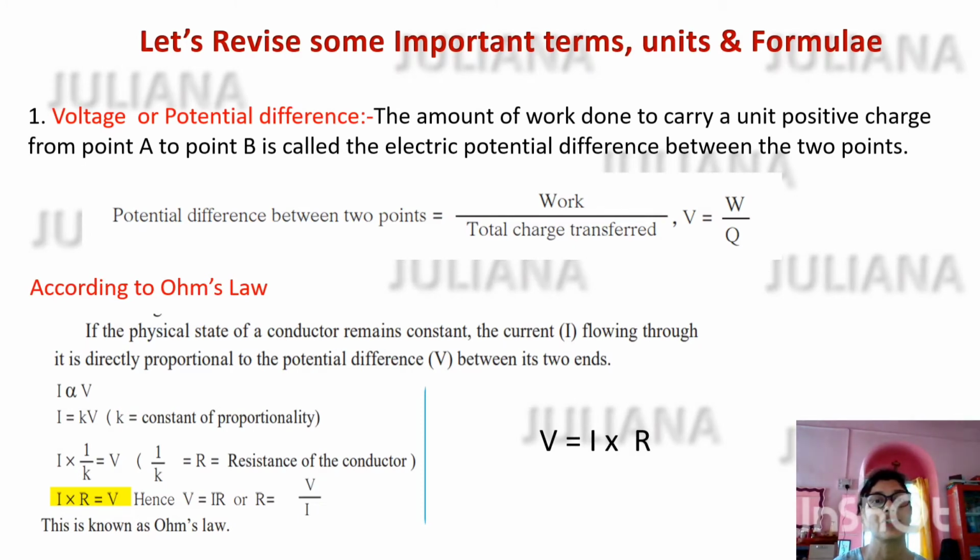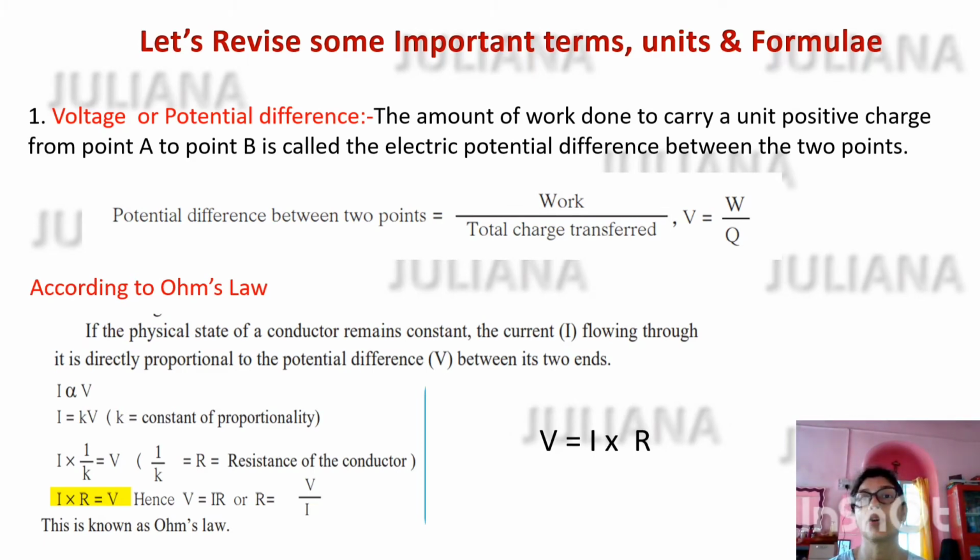This is a little revision of what we did in the 9th standard. If current is directly proportional to voltage according to Ohm's law, then to remove the sign of proportionality, we took a constant K. Then that constant, 1 upon K, turned out to be the resistance offered by the conductor. So we got I into R is equal to V, that is V is equal to I into R.